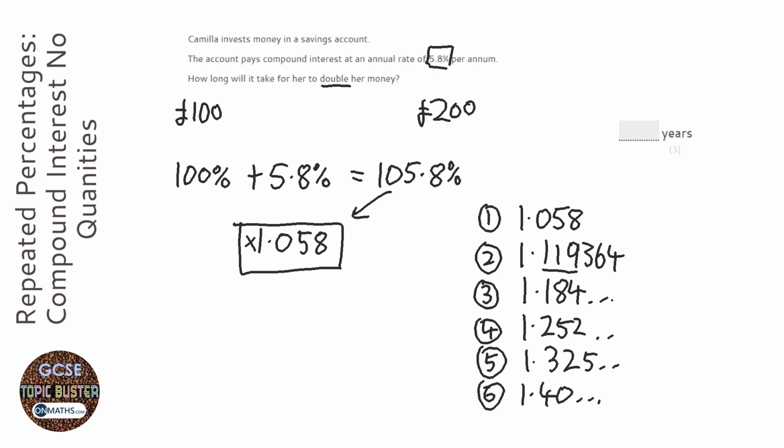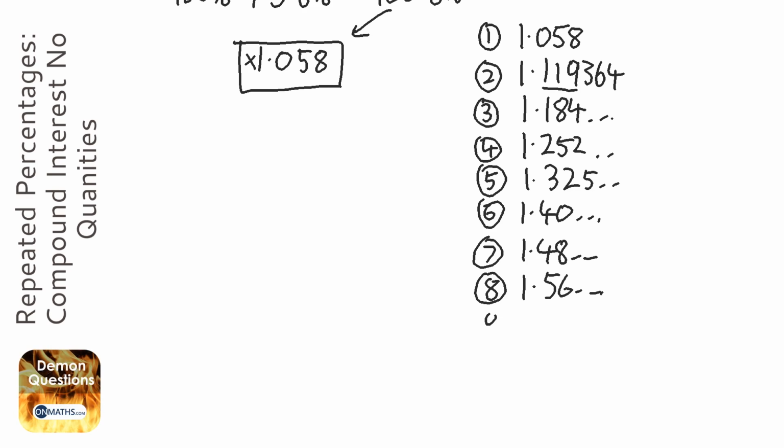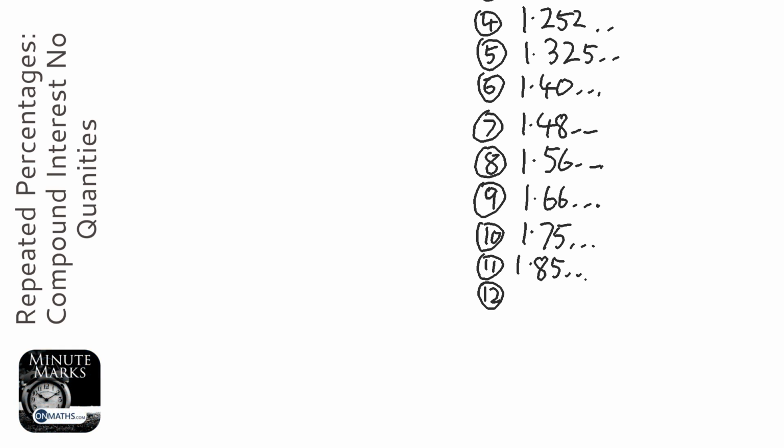1.40. Let's scroll down a bit. So number 7, 1.48, 8 years, 1.56, 9 years, 1.66, 10 years, 1.75, 11 years, 1.85, 12 years, 1.967, blah blah blah.